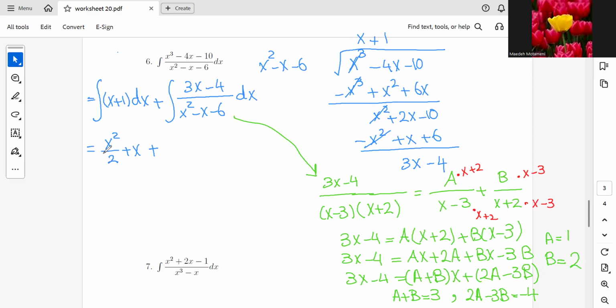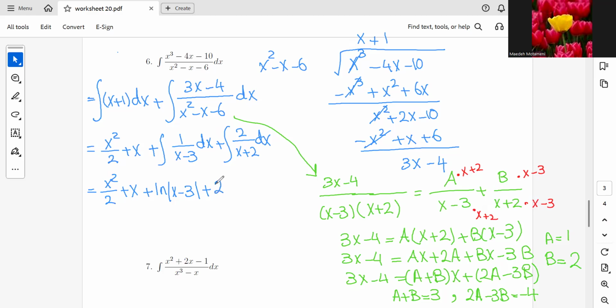So we would plug them back here, and we say that the integral, this part, is going to be the integral of 1 over x minus 3, because A is 1, dx, plus the integral of B, which is 2 over x plus 2 dx. So we already found the first part, and we know that the integral of 1 over x minus 3 is ln of absolute value of x minus 3.